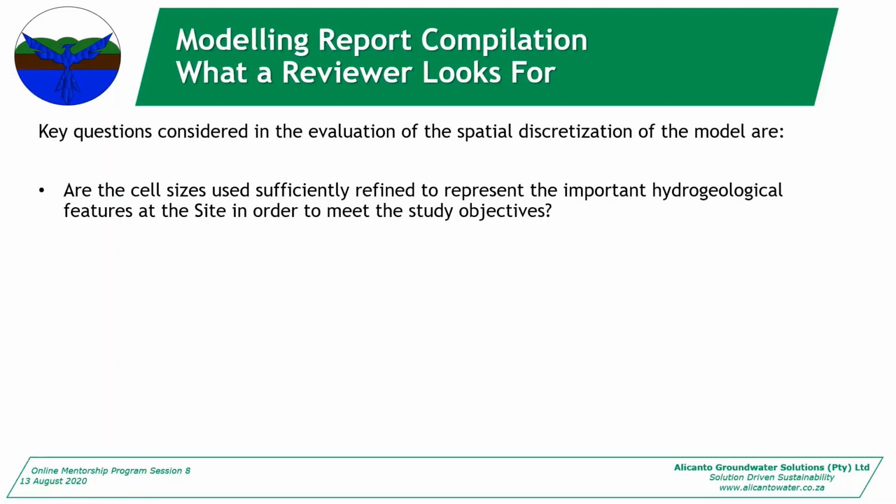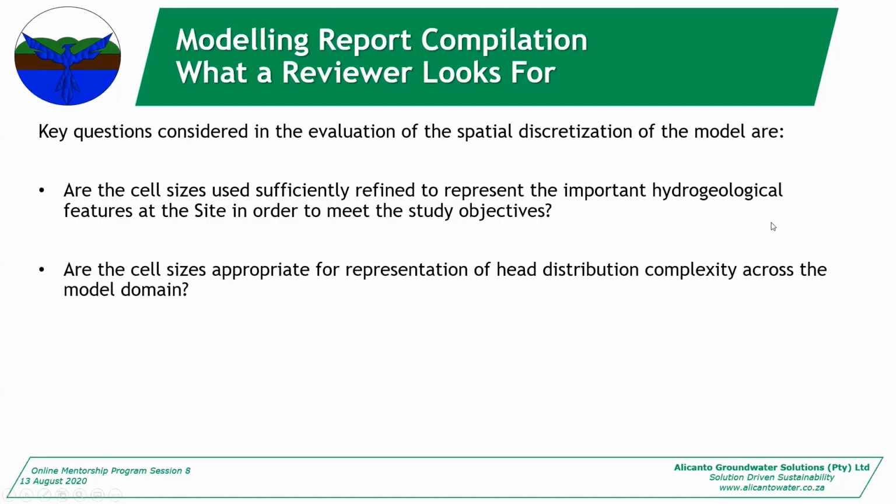If you have a borehole that's privately owned that is a kilometer away from your tailings dam, your cell sizes can't be 1 kilometer, because then you're just going to have one result. You're not going to see an evolution of your plume. It's either going to be contaminated or not contaminated. So you do need to refine it to represent stuff properly.